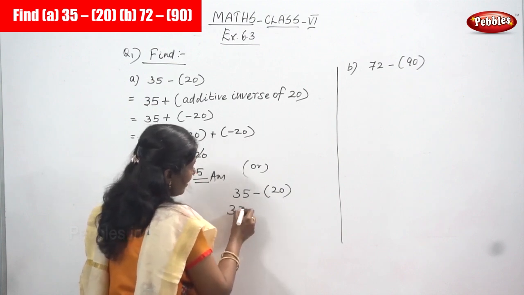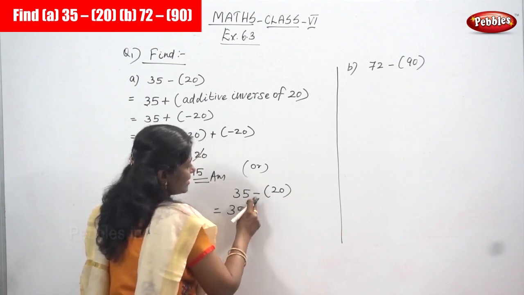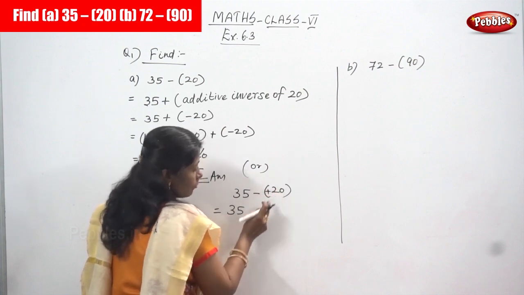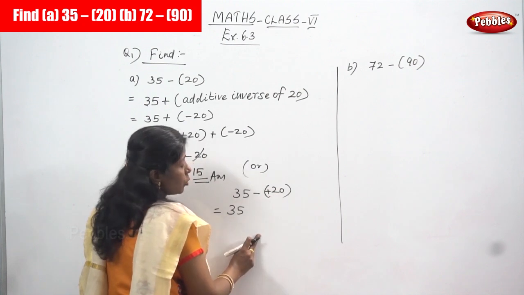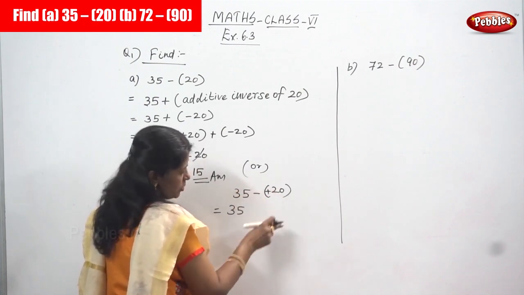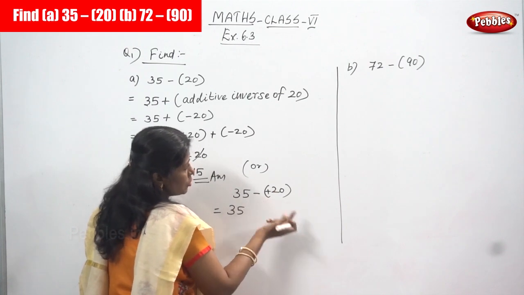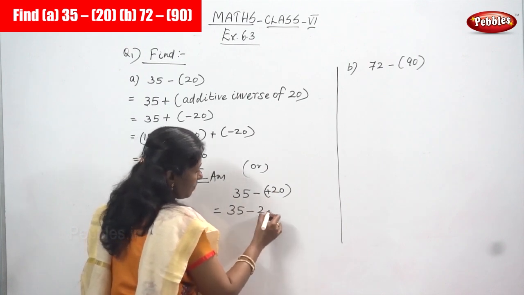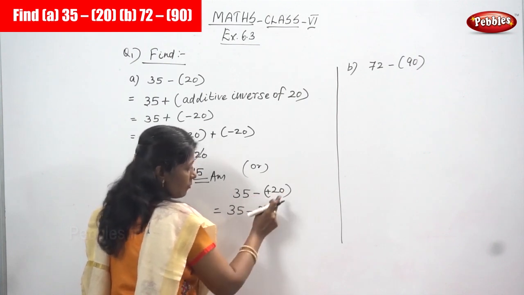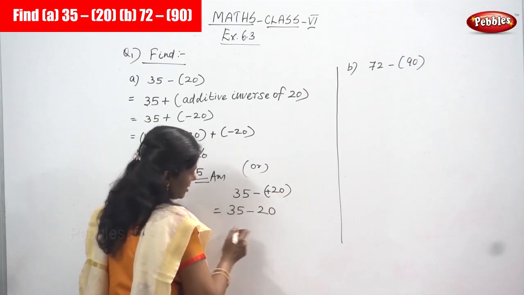So 35 as it is, minus; here it is a positive integer, so minus into plus. For your understanding I put plus. Minus into plus is minus, so you write the number as it is, minus 20.